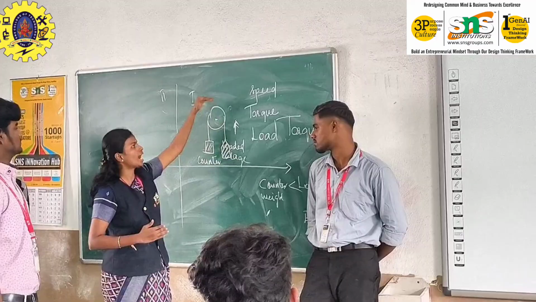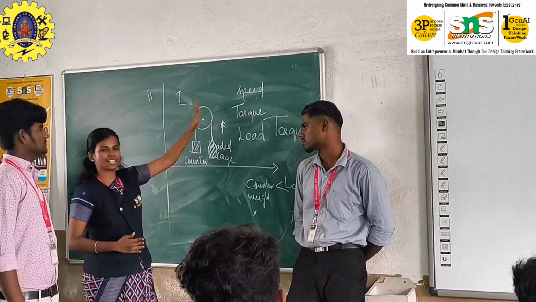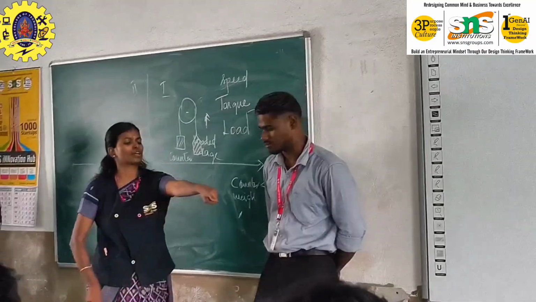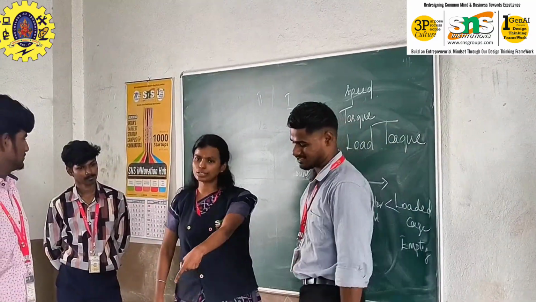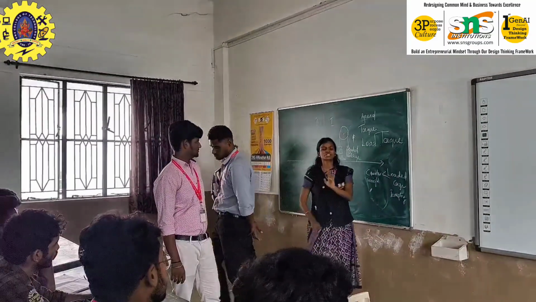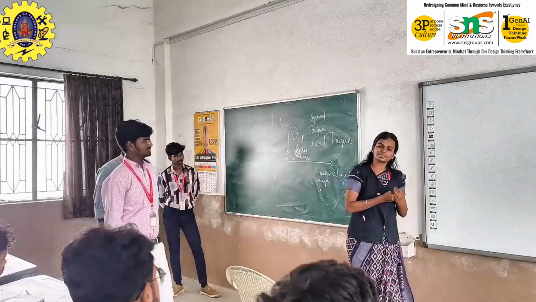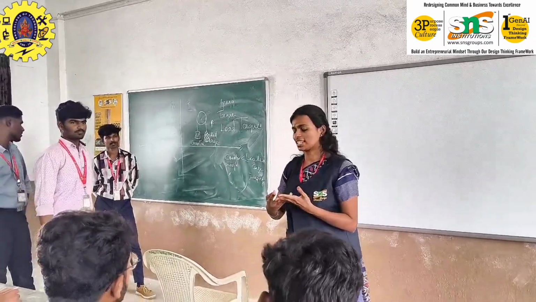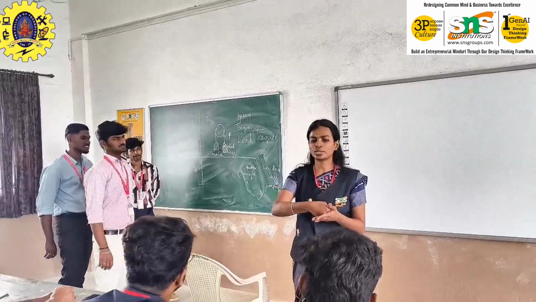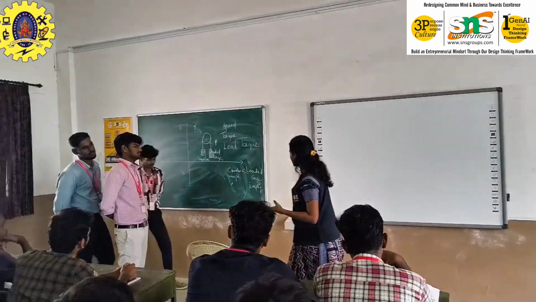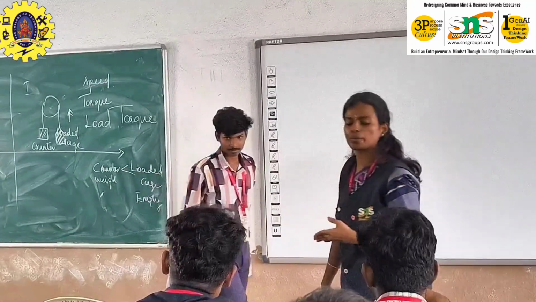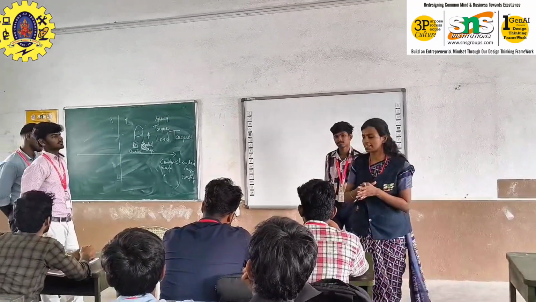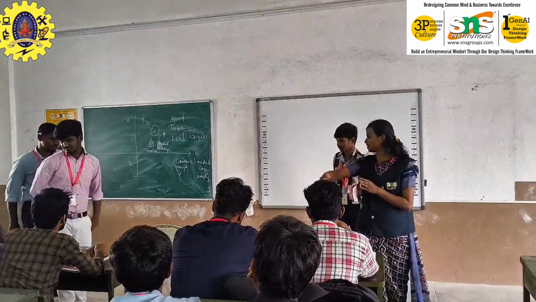We have to apply a torque in the opposite direction. So your torque will also be moving in the anti-clockwise direction. And what about the load torque? The load torque and torque will be in opposite directions. So this will be moving in the opposite direction. Got it? So this is how it works in the first quadrant. You can take your seats.